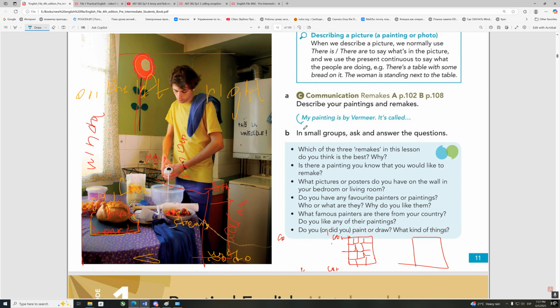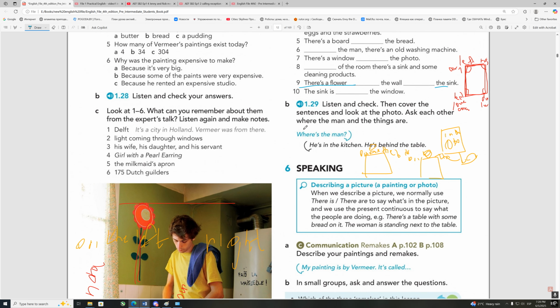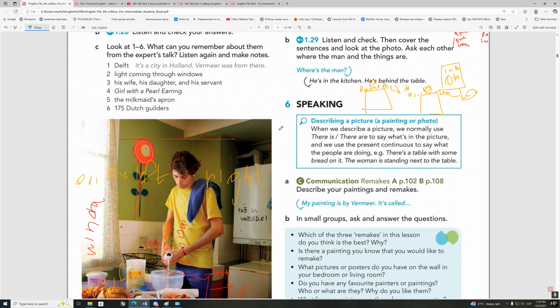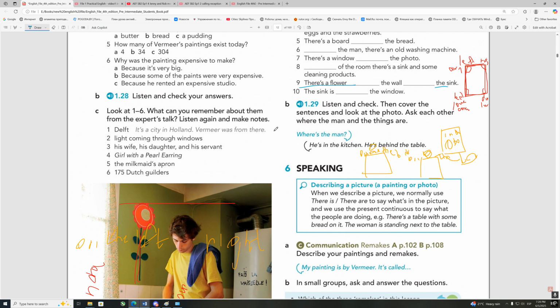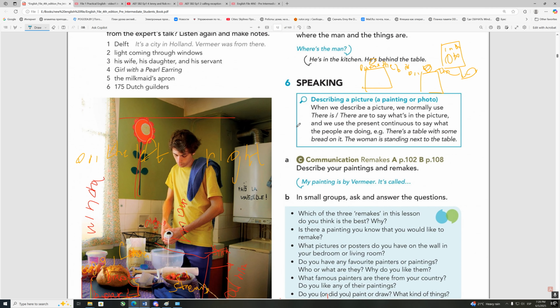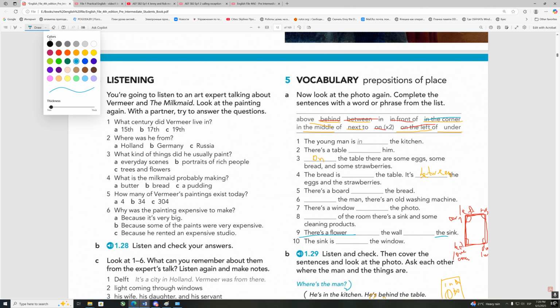Okay. The sink. It's upper the sink. It's higher than the sink. Oh yeah. Corner. Oh, red color.